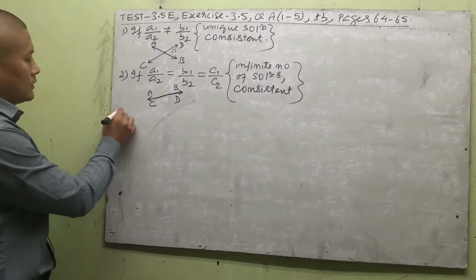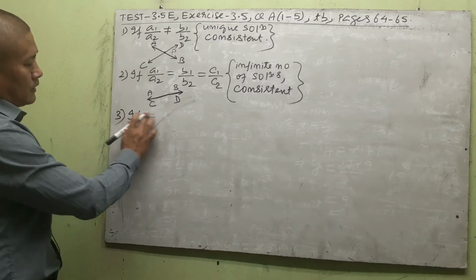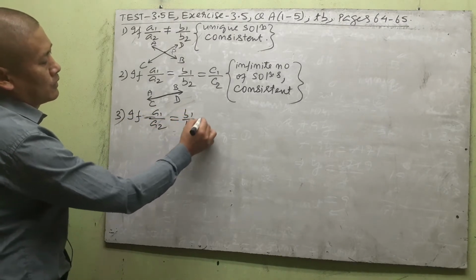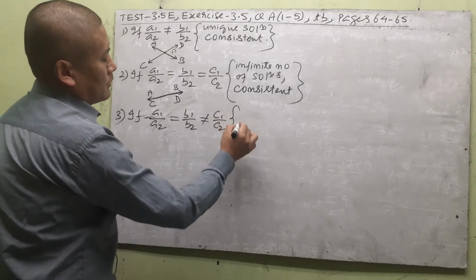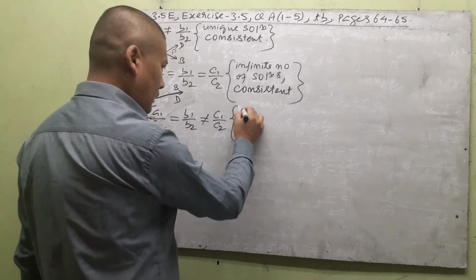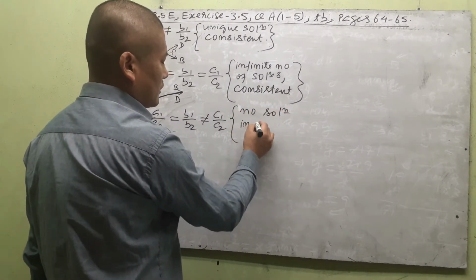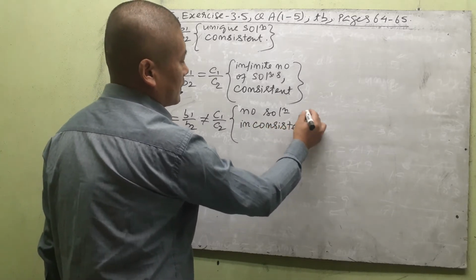But the third case is a case of not consistent. So here, if a1 by a2 is equal to b1 by b2, but they are not equal to c1 by c2, then we know they have no solution. So no solution means inconsistent, or not consistent. Inconsistent is the opposite of consistent.